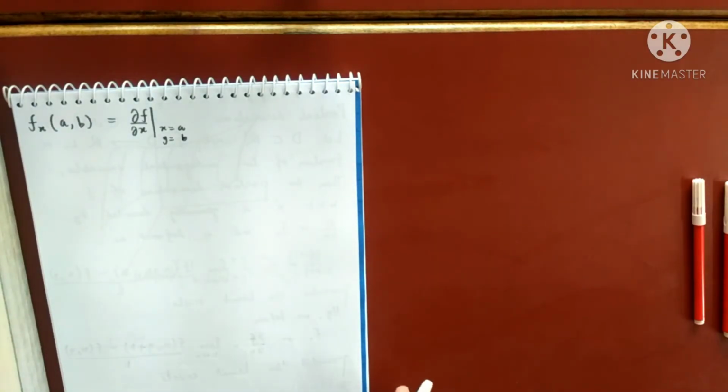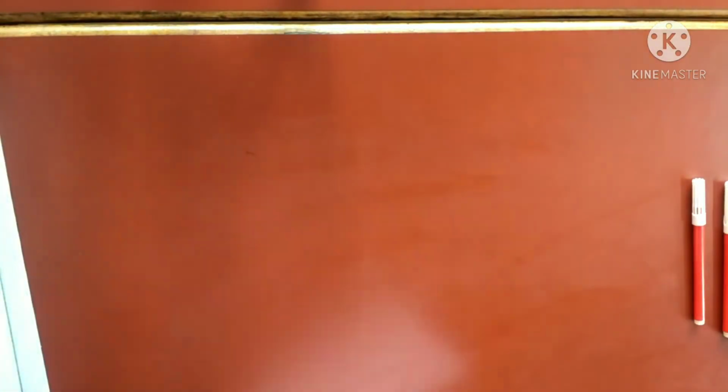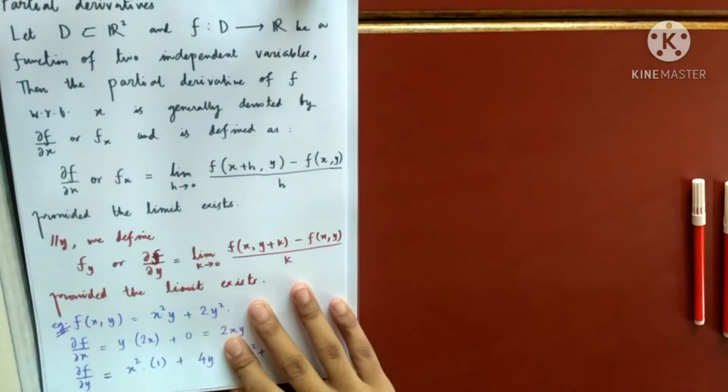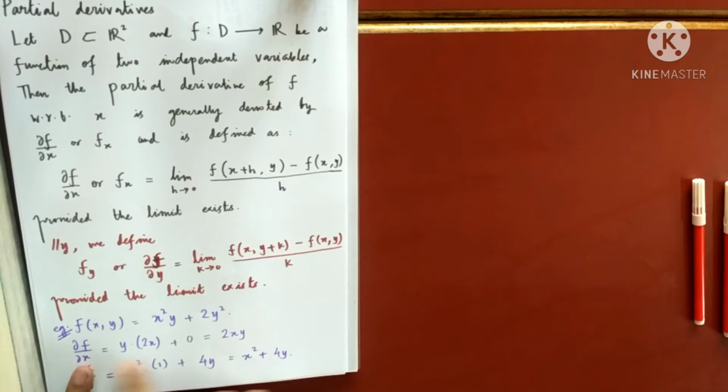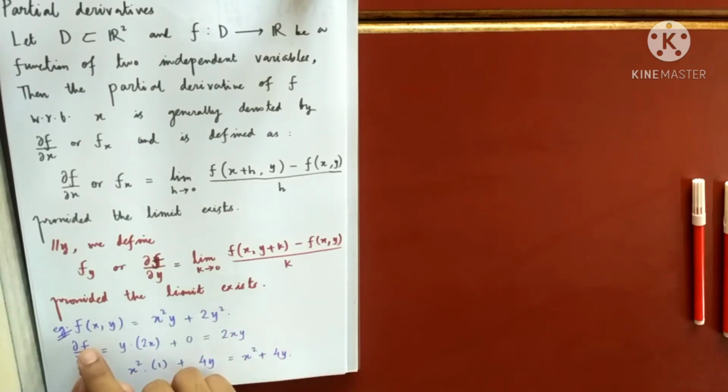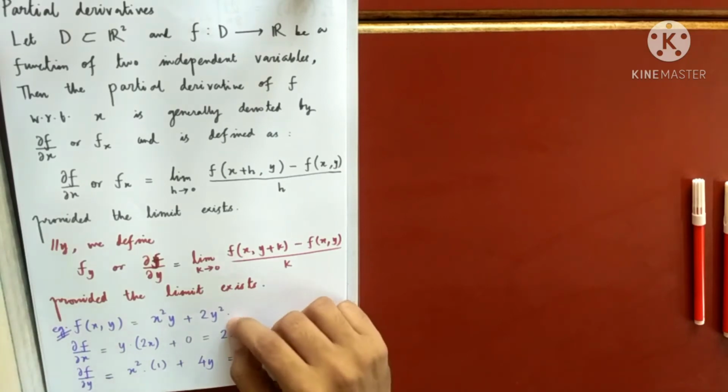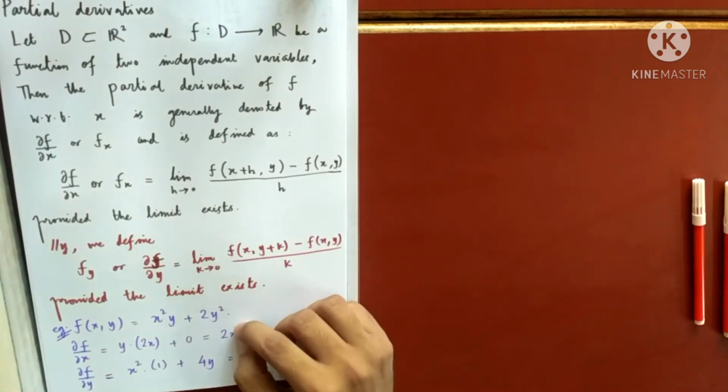So this is the notion of partial derivative. In general, fx, as you saw here, is with respect to x for any x, y. So suppose I ask you to find the partial derivative at the point 1 comma 2, you put x equals 1 and y equals 2 here.